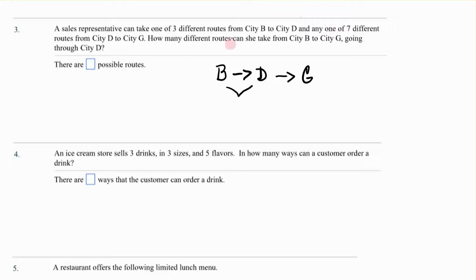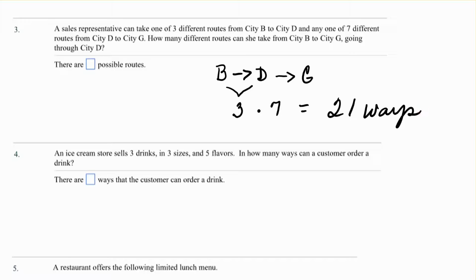There are 3. How many different ways are there to go from D to G? There are 7. That means that there are 21 total ways.